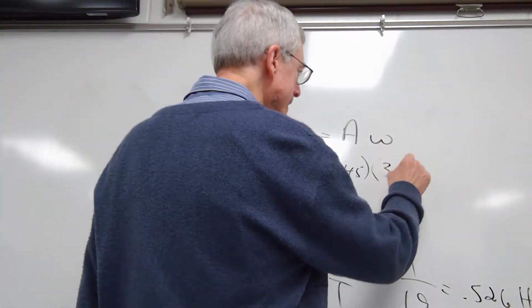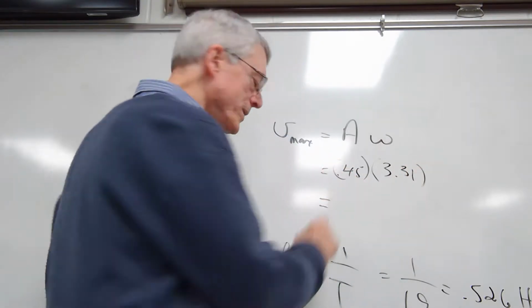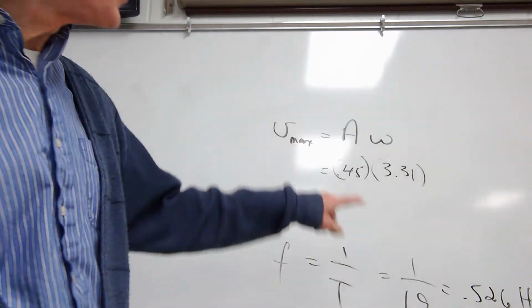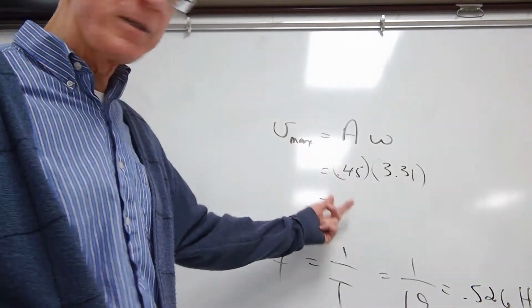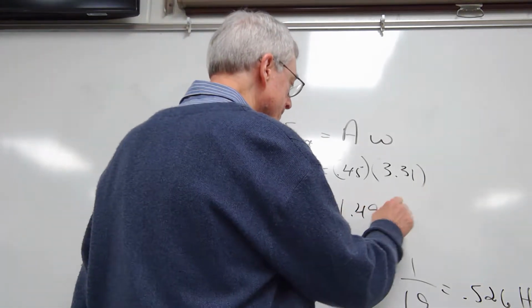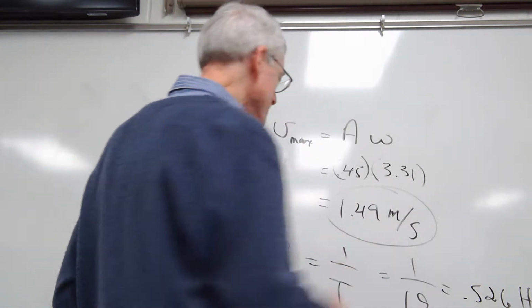We just found that. If you multiply that, you'll get the maximum speed in meters per second. That's why we had to change this to meters. That's 1.49. Okay, there's the answer to part C.